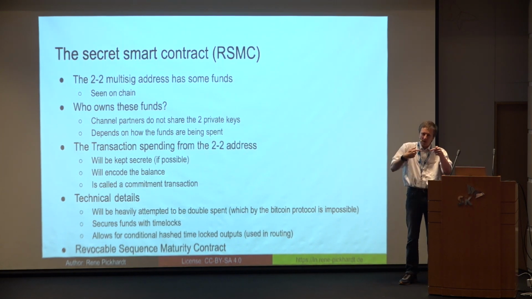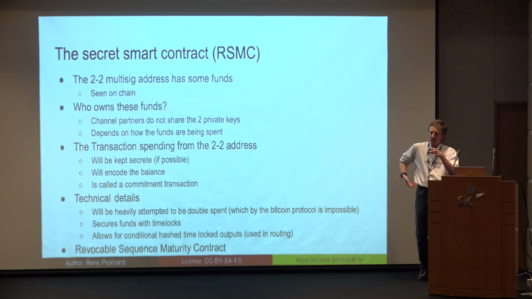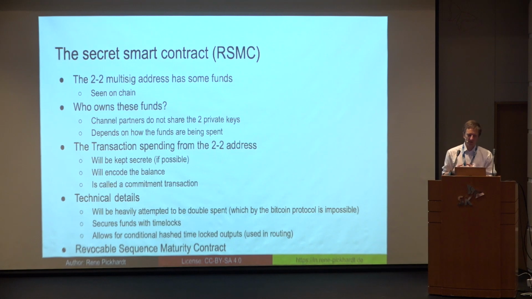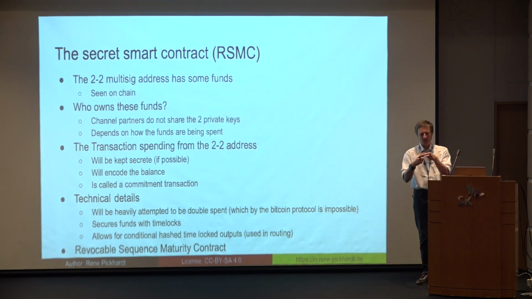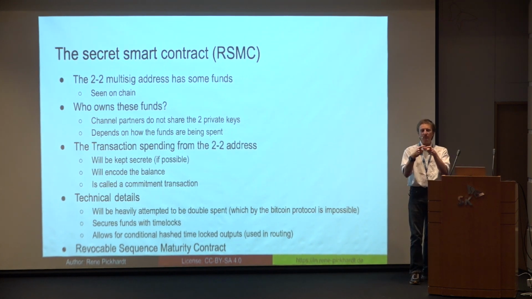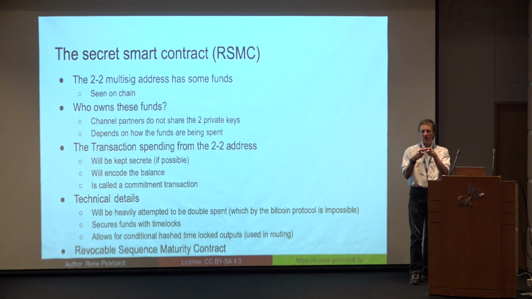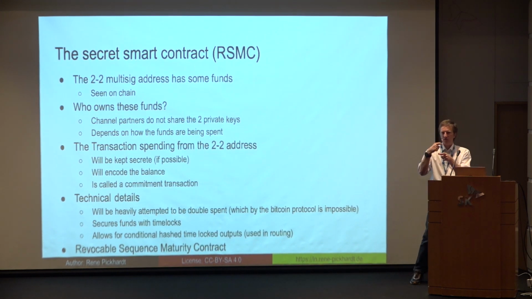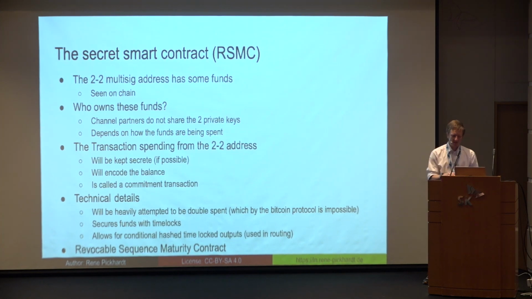For example, if I try to double spend the funds, this actually doesn't happen, but if I try to violate the steps of the protocol. And once we have this, we will update it every time we update the balance, to have the latest state of the channel.